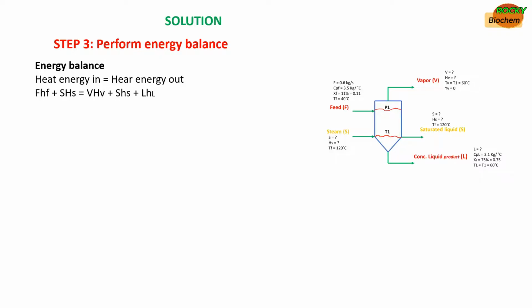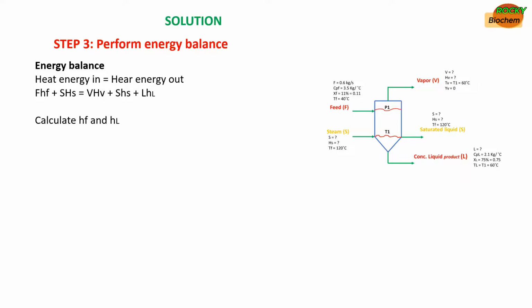And we know the formula: F, that is the flow rate of the feed, multiplying the heat content, that is the enthalpy of the feed, plus S multiplying the enthalpy of the incoming steam, and it should be equal to the vapor multiplying the enthalpy of the exiting vapor, plus the S, that is saturated liquid, multiplied by the enthalpy of the saturated liquid, plus the product L multiplied by its enthalpy.